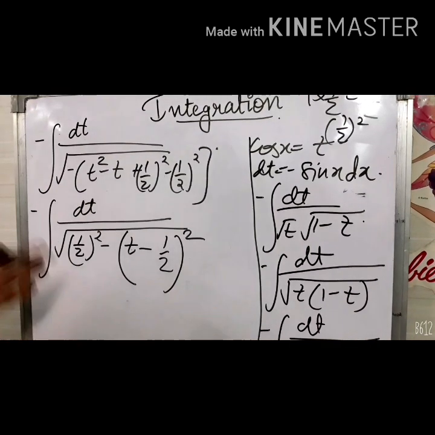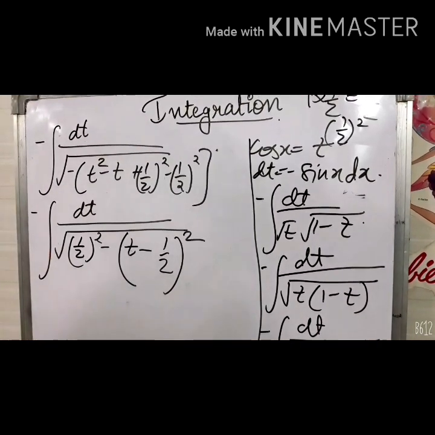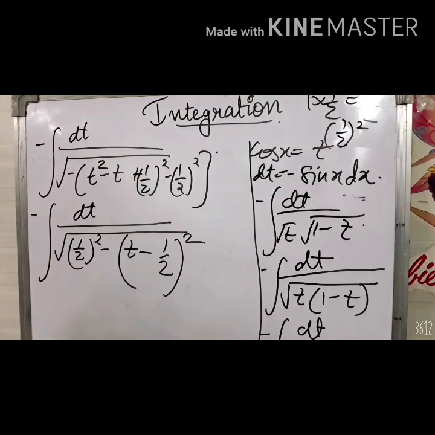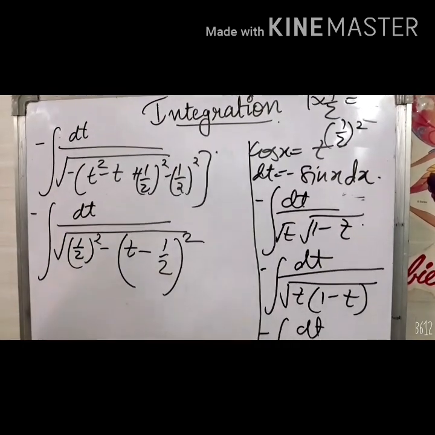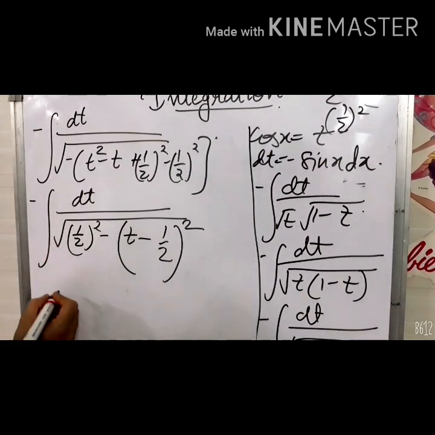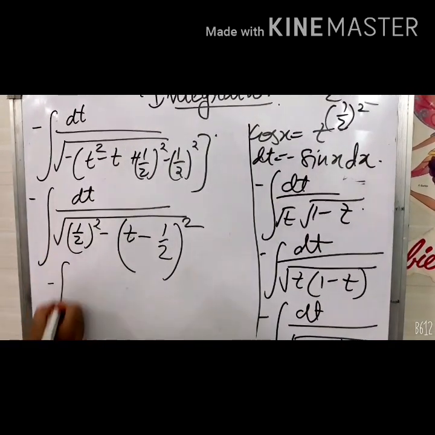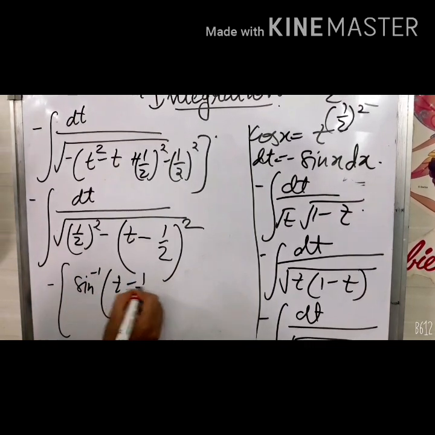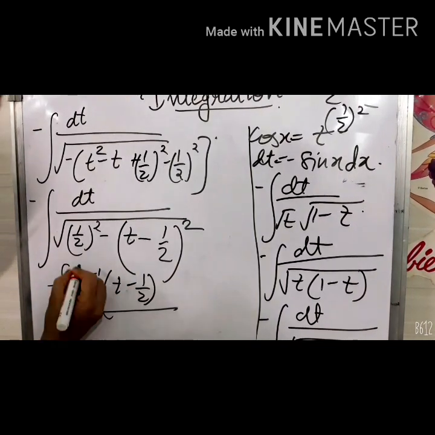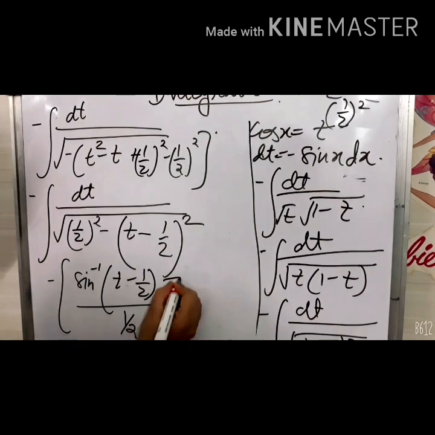Now you can compare with the formula dx by under root of a square minus x square. What was the integration? The integration was sin inverse of x by a. We will do that. Minus was outside. It becomes sin inverse of (t minus 1 by 2) by, what is a? 1 by 2, plus c.